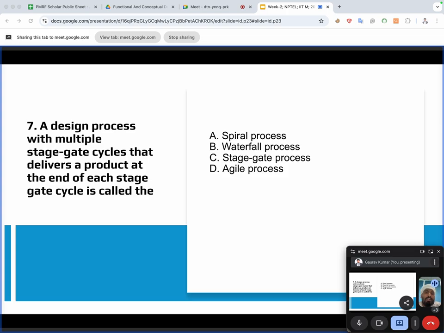Imagine a checkpoint on a highway. At each toll gate there is a decision point: you decide if your vehicle, meaning the project, is ready to move forward or needs servicing, meaning more development.